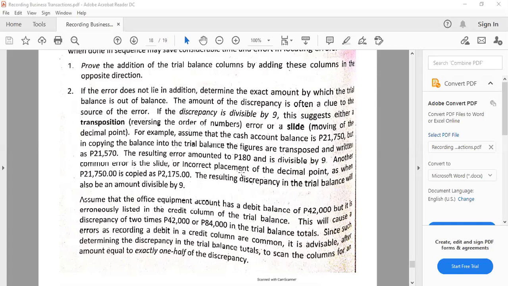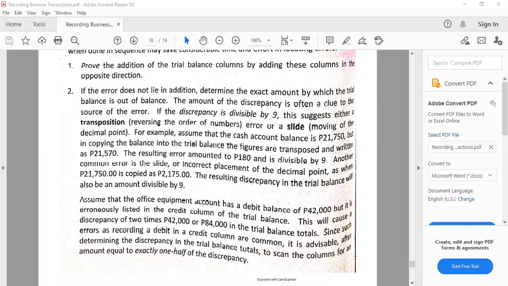And where do we get the difference though? We can compare this from the two, but we may also do this on the trial balance. If the two sides are not equal in terms of the totals, we get the difference of the two. If it is divisible by 9, that's going to be a transposition error.